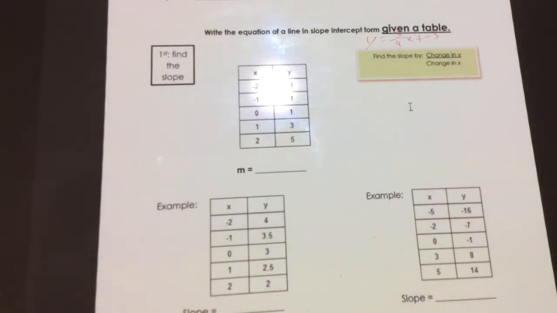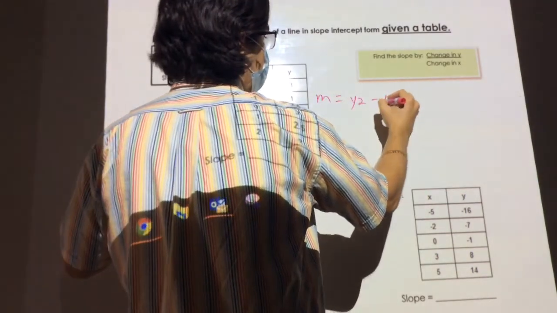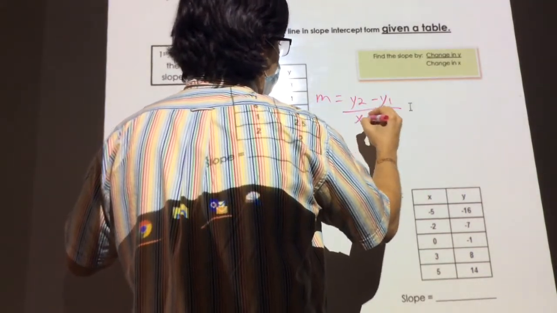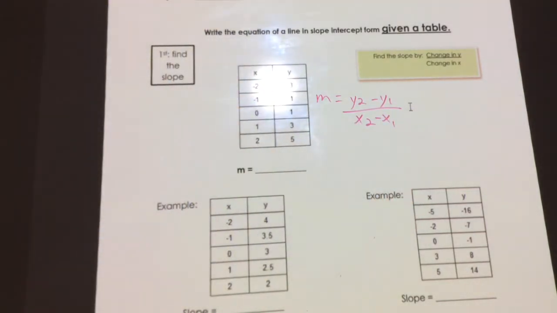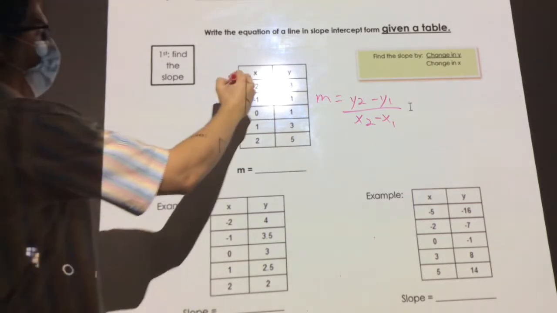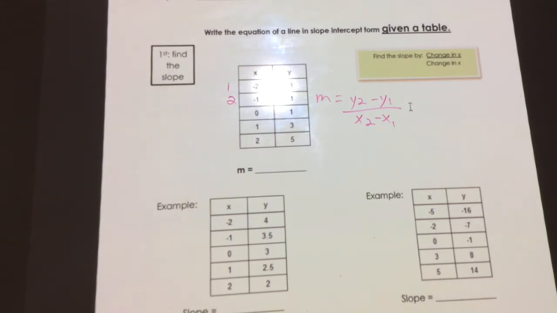You can use the first method that we taught you yesterday, which is m equals y2 minus y1 over x2 minus x1. Everybody okay with that? And so in order to do that, it doesn't matter which ordered pairs that we choose. So I'm going to call this 1 and this 2. We good there?